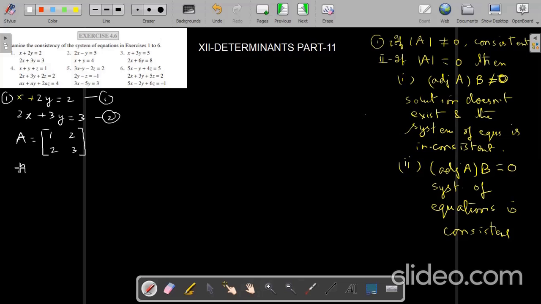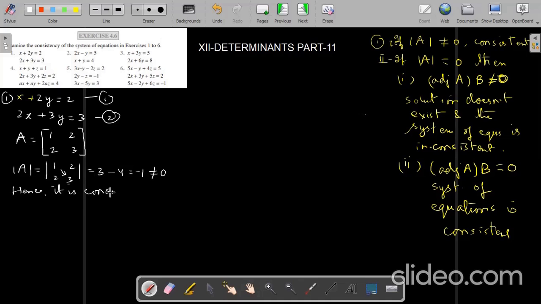Now you will find its determinant. Write the determinant 1, 2, 2, 3 and multiply: 1 times 3 is 3, then minus 2 times 2 is 4. 3 minus 4 is equal to minus 1, which is not equal to 0. The value of the determinant is not equal to 0, hence the given system of equations is consistent.